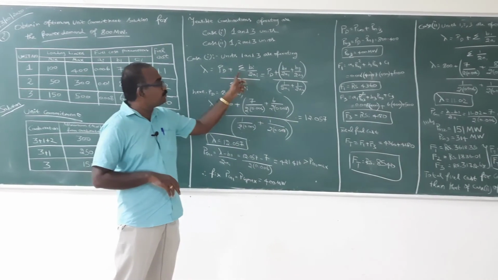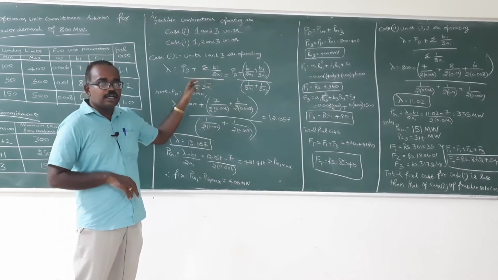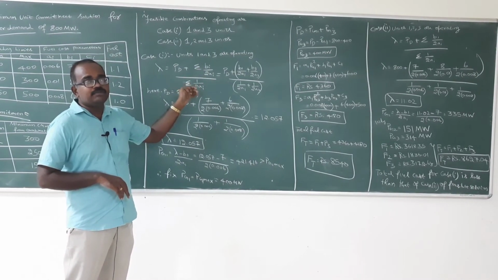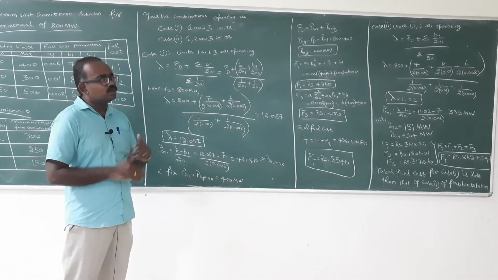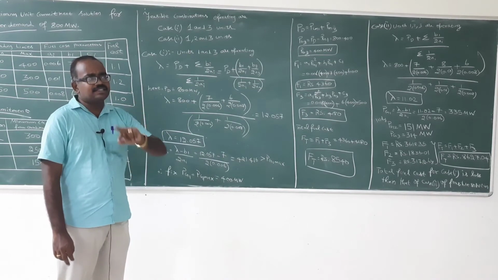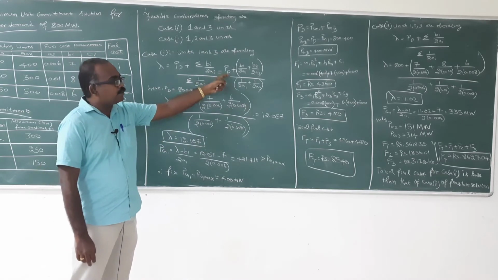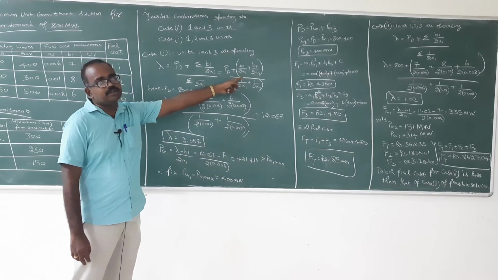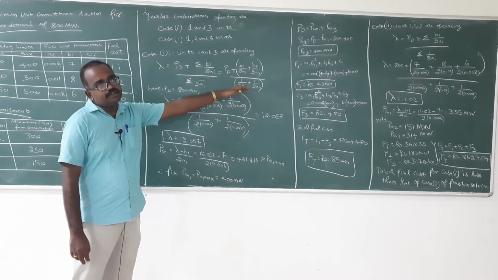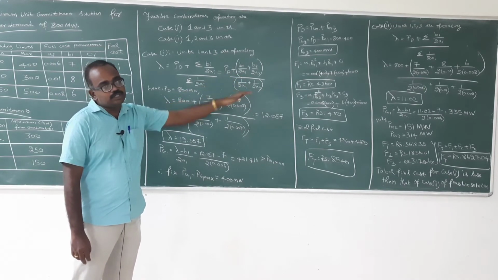Actually, we studied i equal to 1 to n, but here we are not using that because we do not have continuous numbers. Here we are using 1 and 3. So we represent it as PD plus B1 by 2A1 plus B3 divided by 2A3, divided by 1 divided by 2A1 plus 1 divided by 2A3.